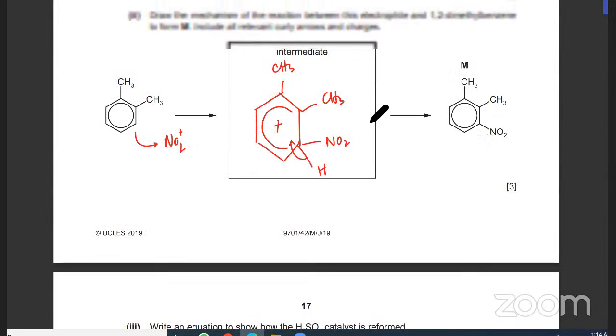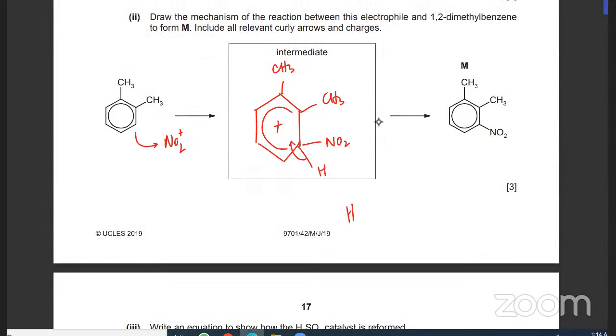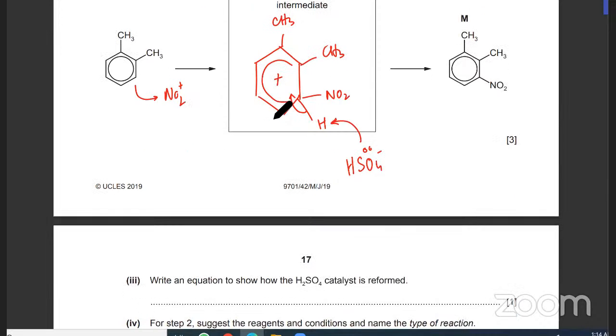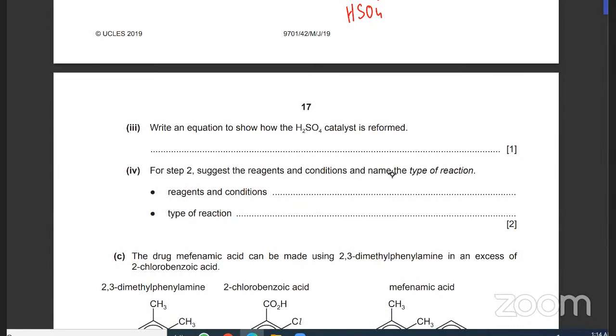HSO4 minus plus H plus gives H2SO4. When the H leaves, where does it go? It is grabbed by the HSO4 minus, so the HSO4 minus ends up accepting that H plus to form H2SO4 back again.